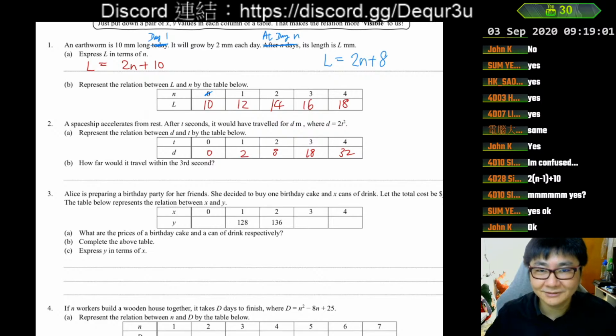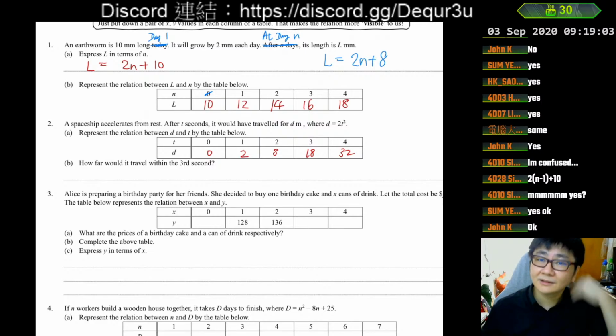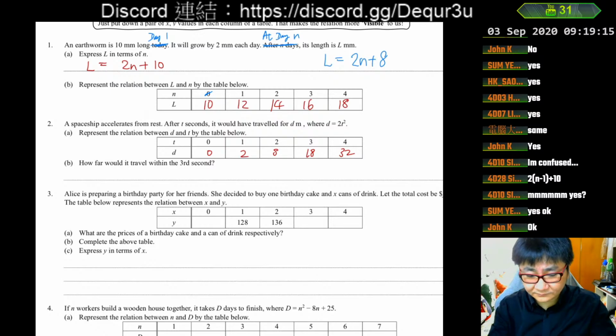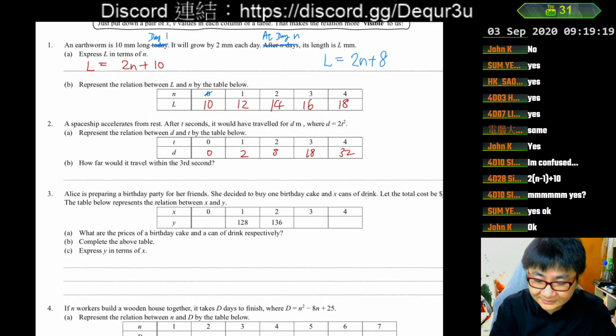Okay, then we also try to see some more understanding.